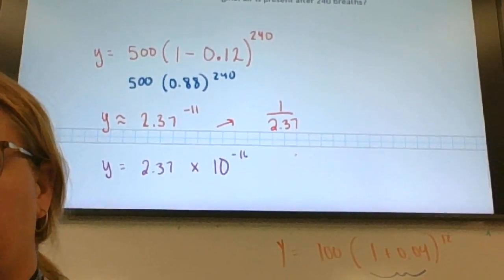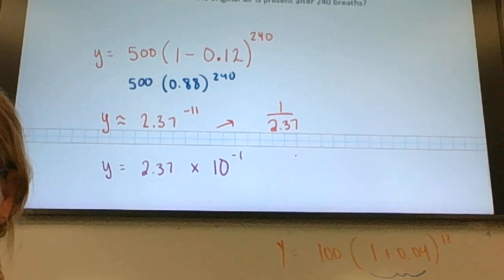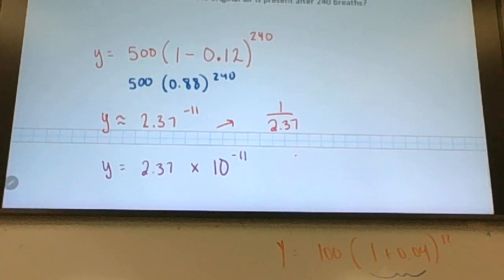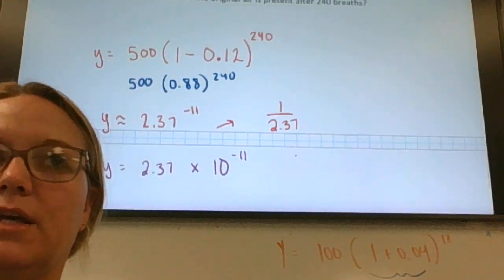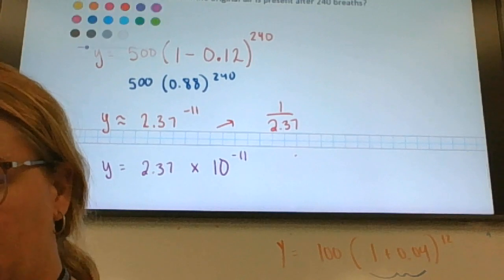Did you get an E value? Oh, mine does. So, you guys, what that means, that's scientific notation. That's your calculator's way of doing that.